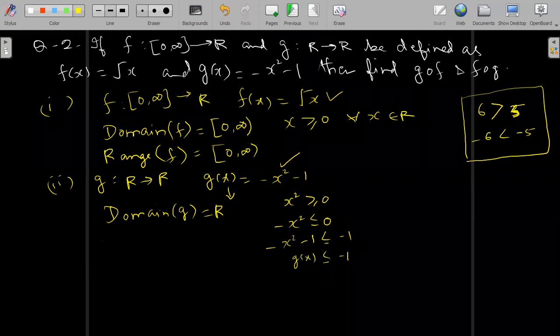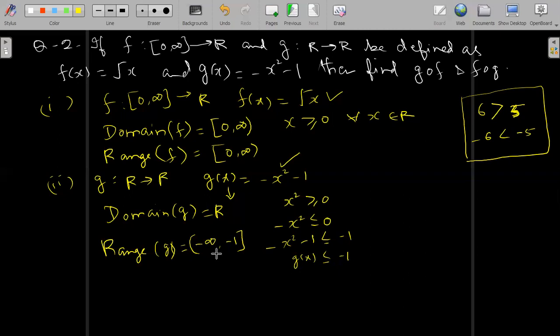That means the range of g will be from minus infinity to minus 1. Okay, now you can check for g∘f. First we will check for g∘f.